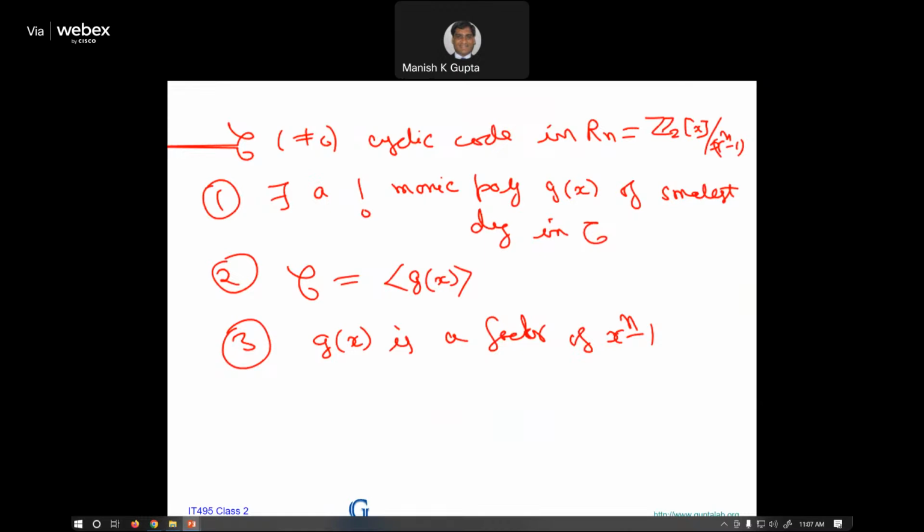So basically, because that condition we put, right, here x cube is equal to 1, that gives you x cube minus 1. So if I have to find Gx, I just factorize x cube minus 1, whatever factors are there, that can act as a generator of a cyclic code. That's a beautiful way you can actually construct the cyclic code. Of course, these things can be proved, but I'm skipping all the proofs right now.